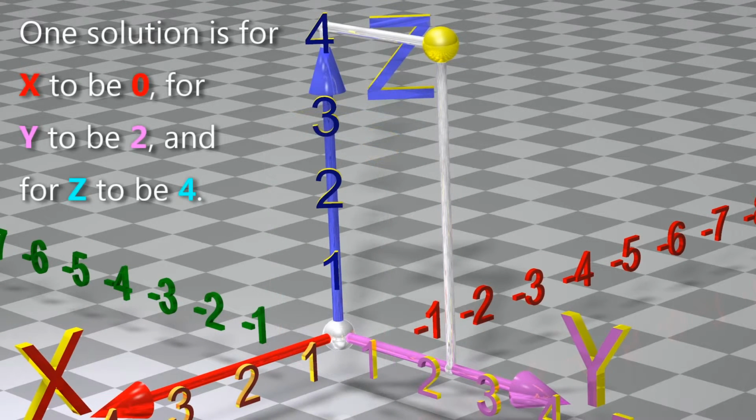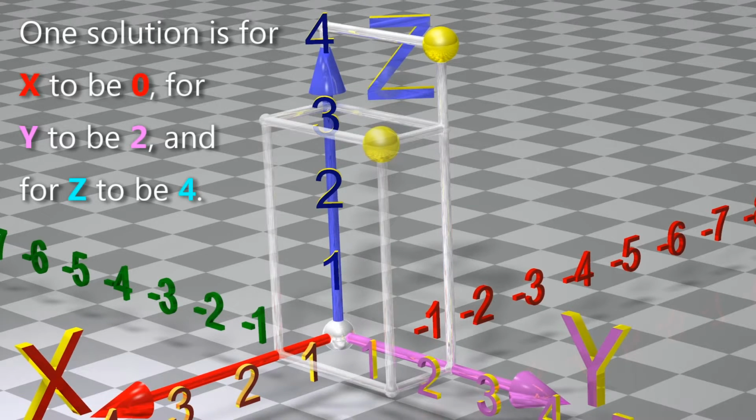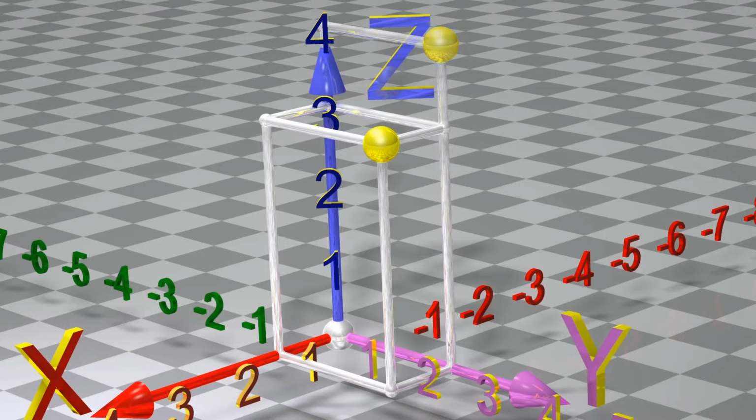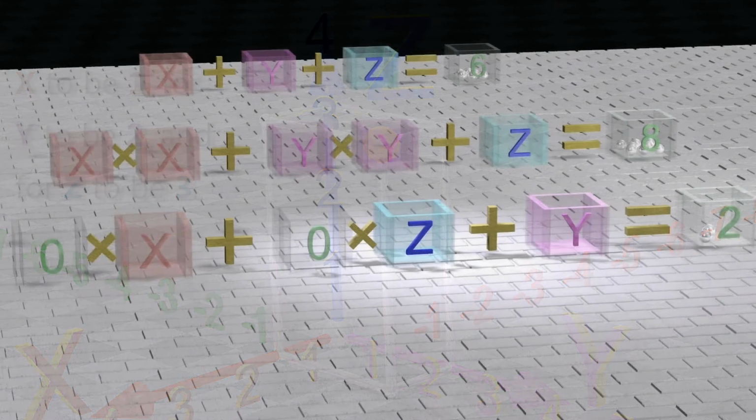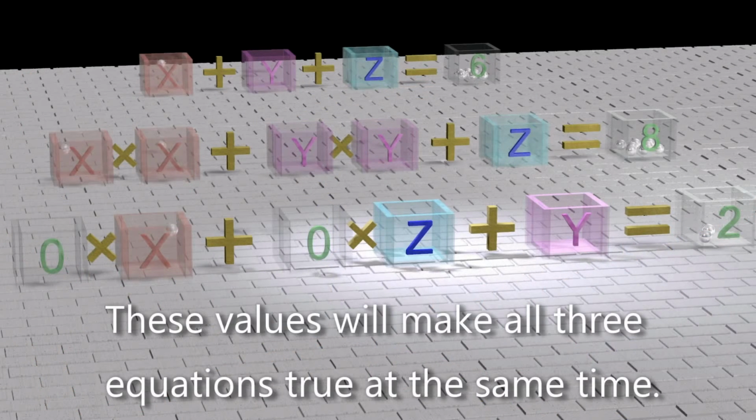One solution is for x to be 0, for y to be 2, and for z to be 4. Another solution is for x to be 1, for y to be 2, and for z to be 3. These values will make all three equations true at the same time.